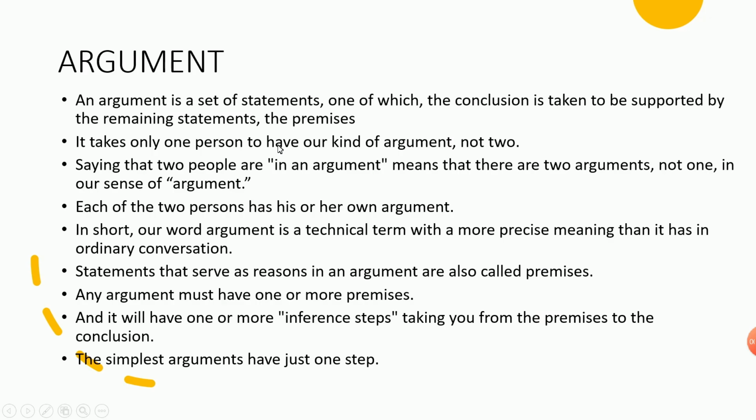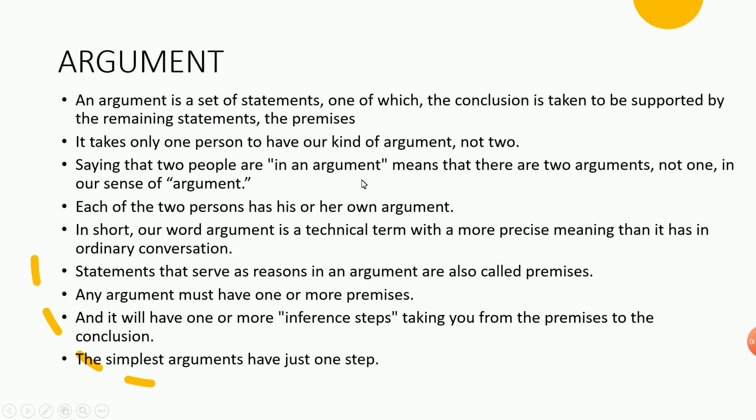It takes only one person to have our kind of argument, not two. Commonly, when we hear argument, we think of arguing between two people, but that is not applicable here. Here it is different. This type of argument in logical reasoning needs only one person to form it, not two.